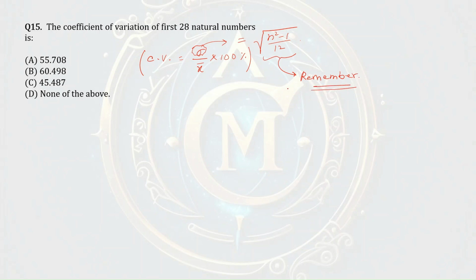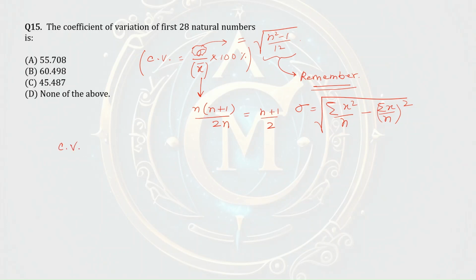You can also derive it by using the definition of standard deviation, that is sigma x square divided by n minus (sigma x divided by n) whole square, and under root of this whole expression. Now this is a standard result, so we remember it. Now what is the mean of n natural numbers? It is equal to n into (n plus 1) divided by 2, divided by n. So it is equal to (n plus 1) by 2.